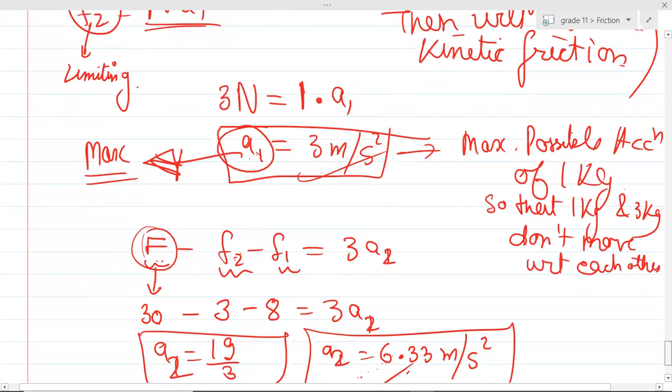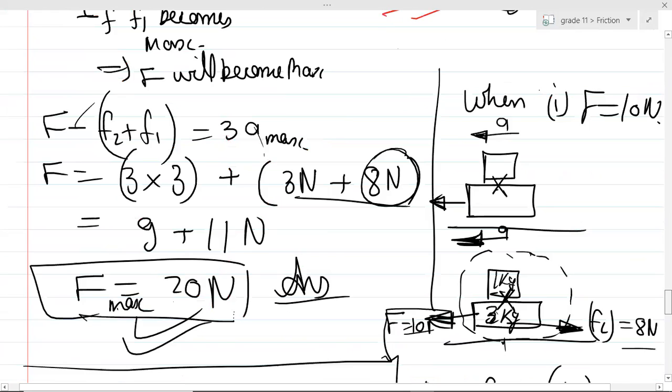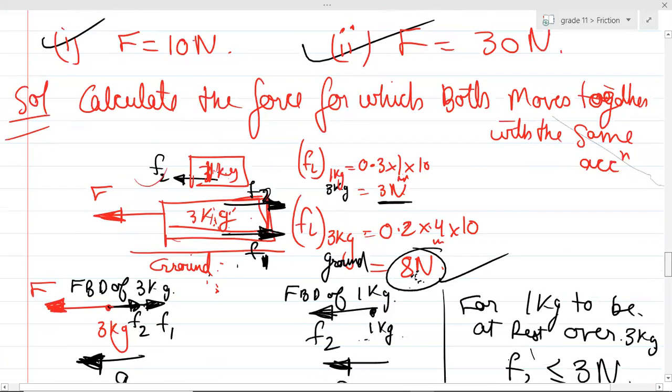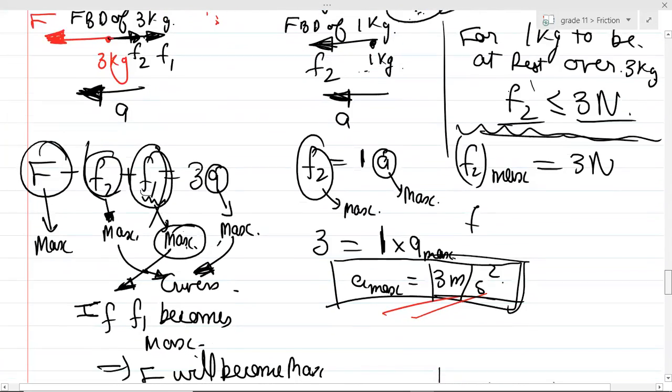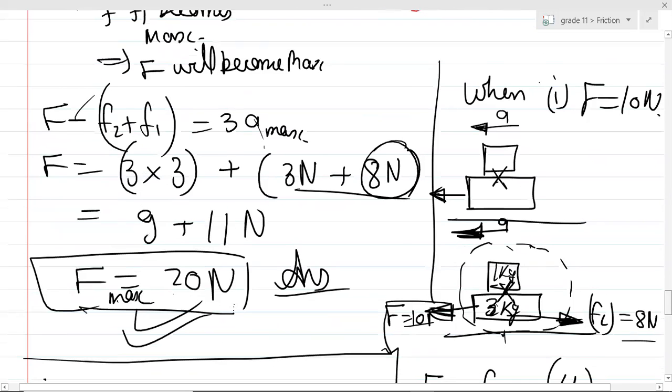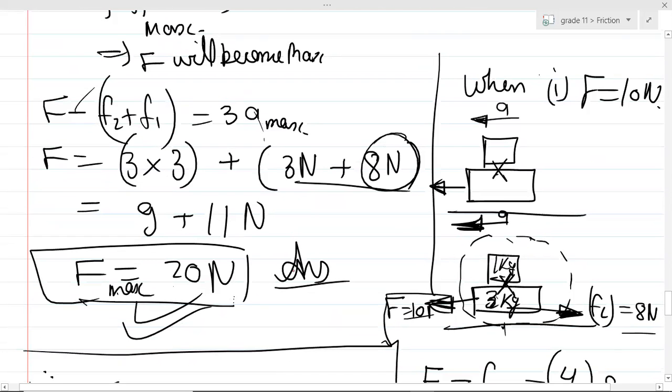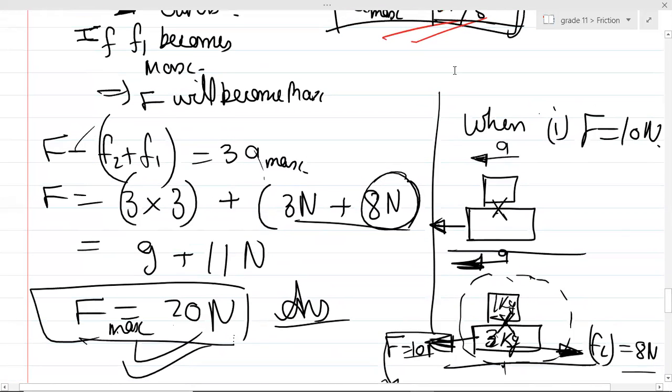Shall I go to the top again? Guys, please start writing. Till where have you finished? Did you finish till here, where we calculated the maximum force? Yes, sir.